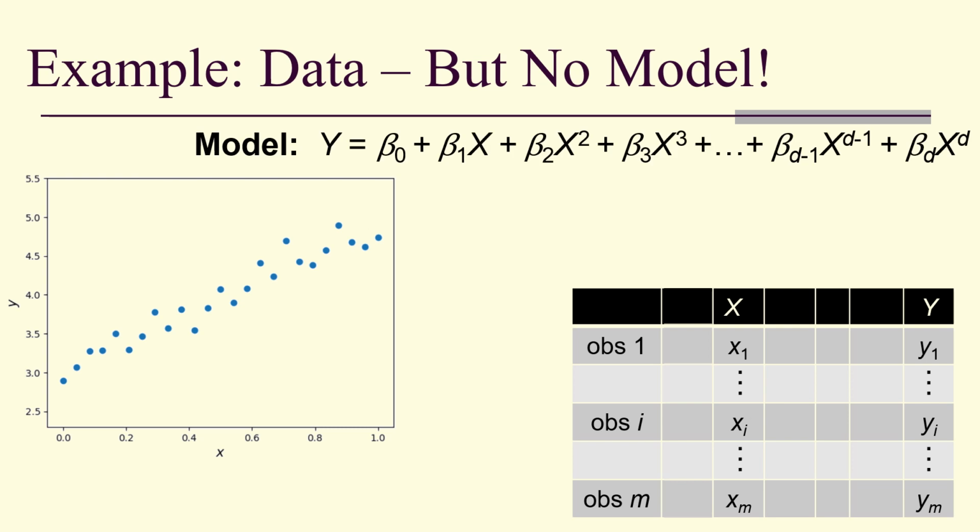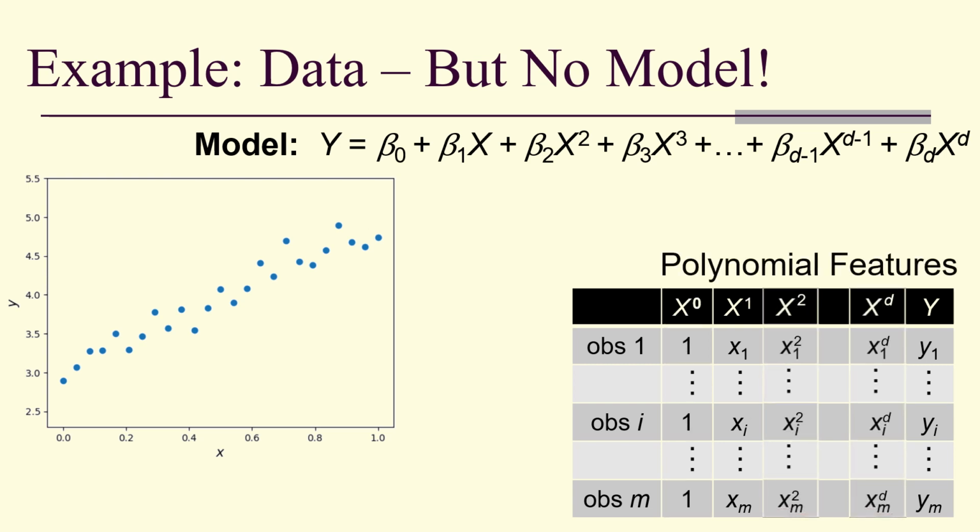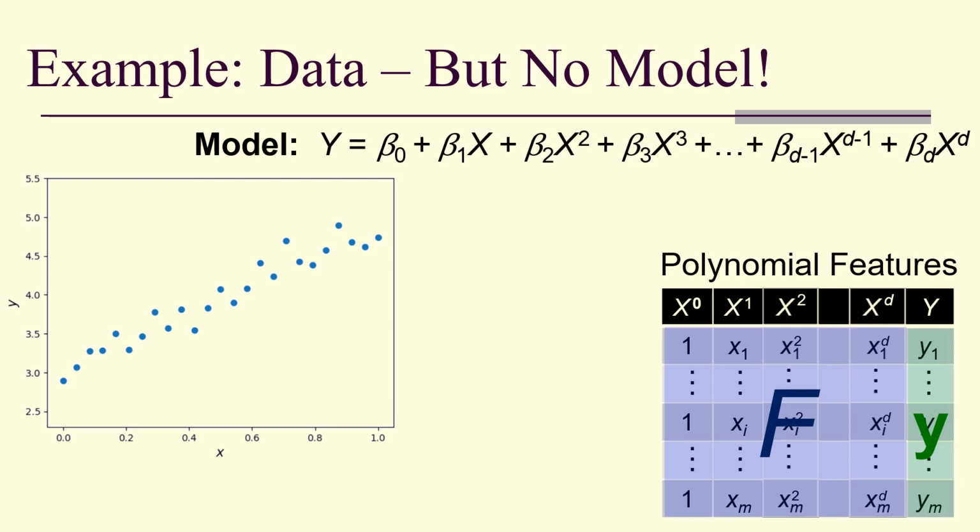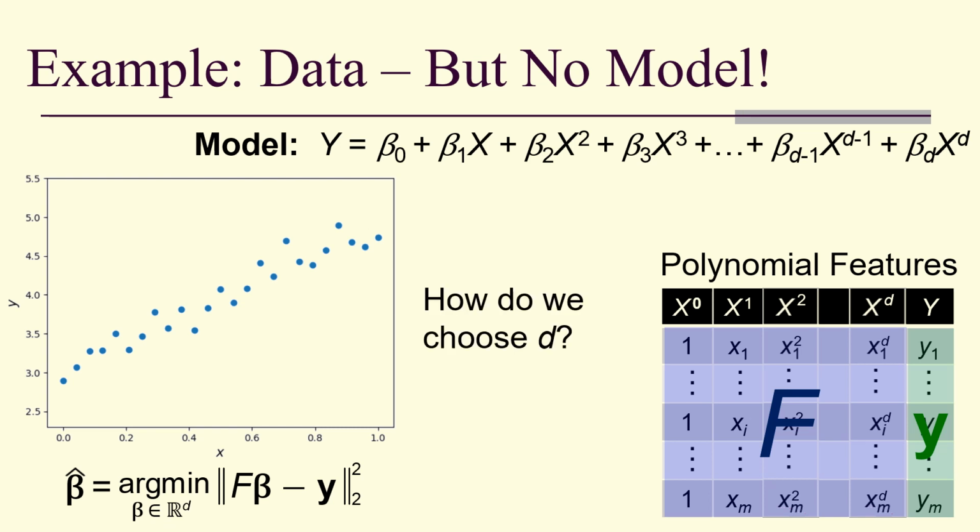Well, for good reason sometimes we can assume our model is a polynomial, and if we do that, then we can create polynomial features. We'll get our F from the polynomial features and our y, and then we'll find the argmin of the norm of F beta minus y, Euclidean norm squared, and that will give us our best parameter values and our solution, therefore, to our multilinear regression problem.